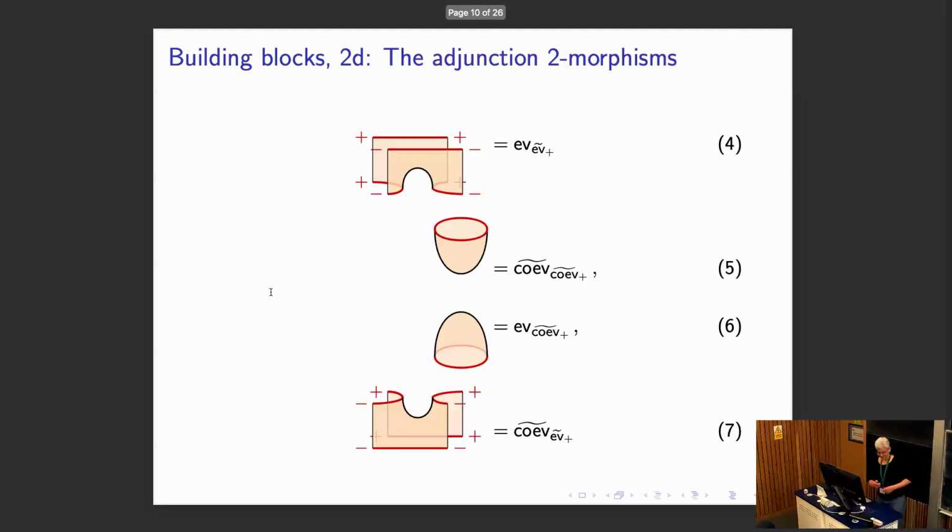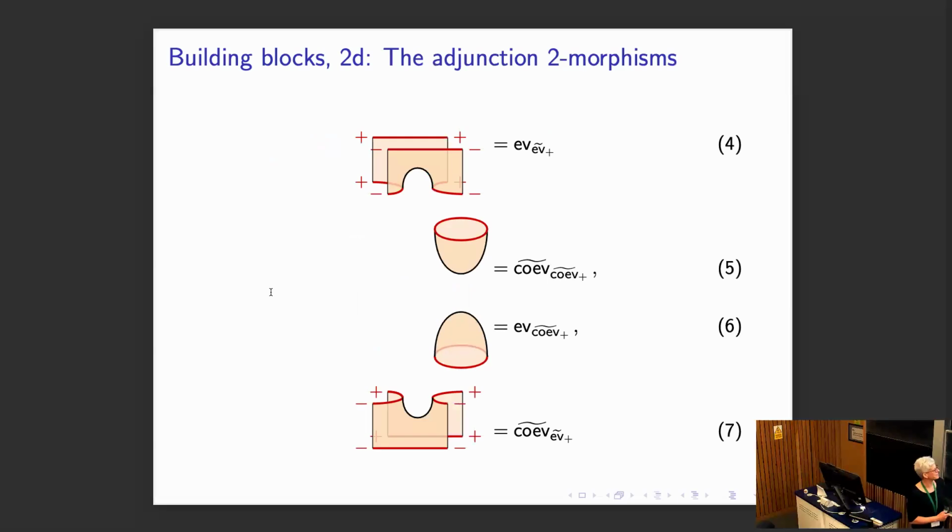I think I have better pictures just on the next slide, where I put all the adjunction two-morphisms together. So here's again the evaluation on the evaluation that I explained in more detail on the previous slides. And then there are similar things in the same spirit.